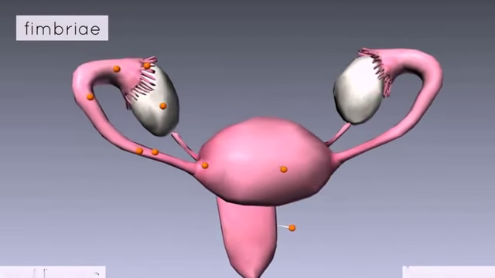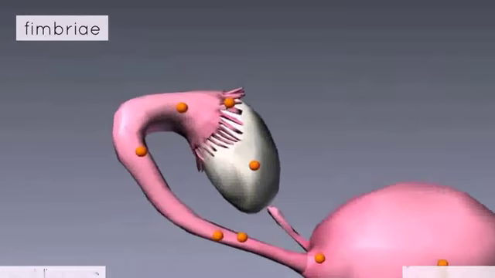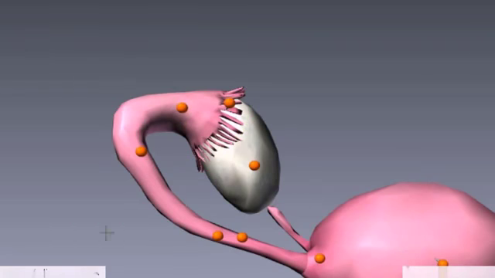You can see these little finger projections coming off the distal end of these tubes, which are known as the uterine tubes. And these fimbriae are responsible for wafting the egg that's released from the ovary into the tube.